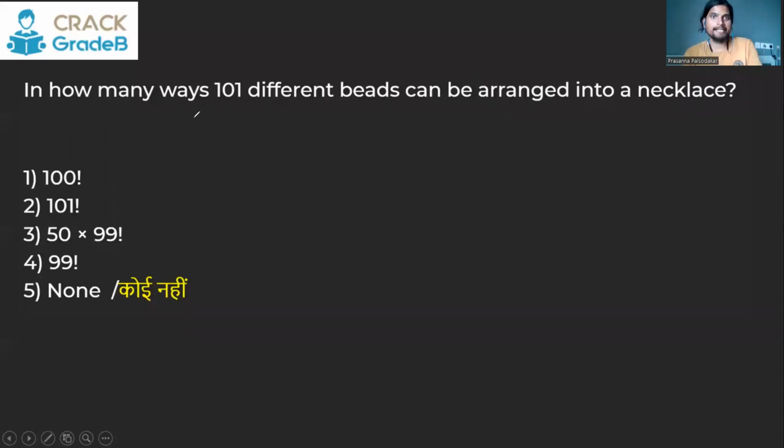In how many ways can 101 different beads be arranged into a necklace? We just saw in a circular arrangement, if there are n articles, there are n minus 1 factorial ways to arrange those. But the problem with necklace and circular arrangement is this. Say there are 3 people, A, B, C, to be seated in a circle.